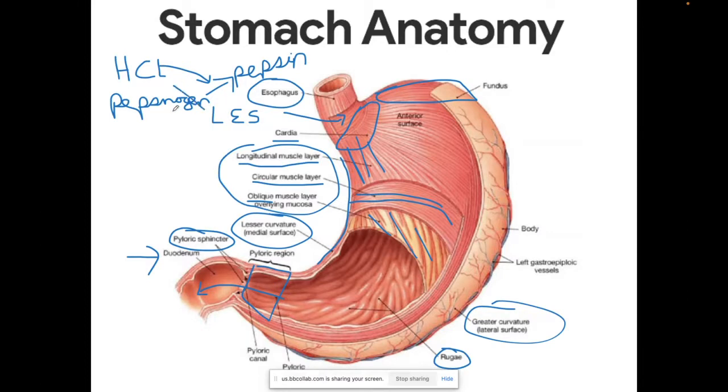The hydrochloric acid knocks off the "ogen," it activates pepsinogen into pepsin. And the P in pepsin is for protein, it breaks down the protein.